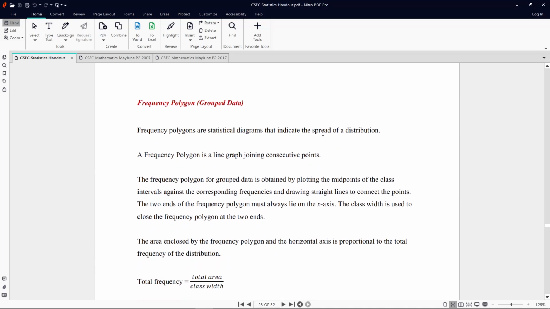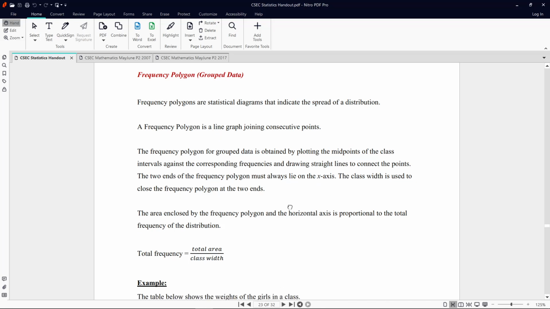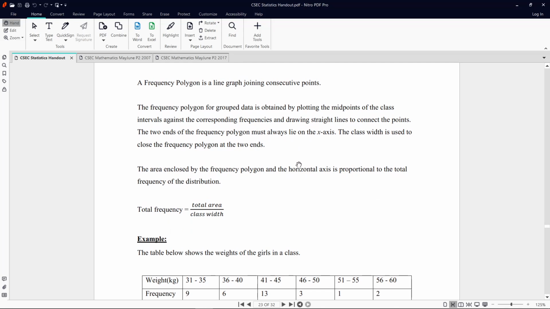So now, as you know, for these statistical diagrams, we do them both for group data and ungrouped data. Now this one is similar to the ungrouped data. The only difference is that we'll be focusing on the midpoints. So the frequency polygon for group data is obtained by plotting the midpoints of the class intervals against the corresponding frequencies.